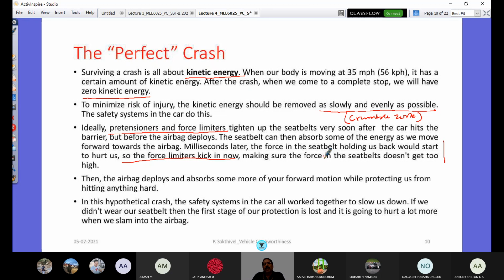In case they fail to deploy at the right time, you would see that from the acceleration history. You would see that the seat belt is failing to provide the pre-tension and limit the forces from your load cell data.